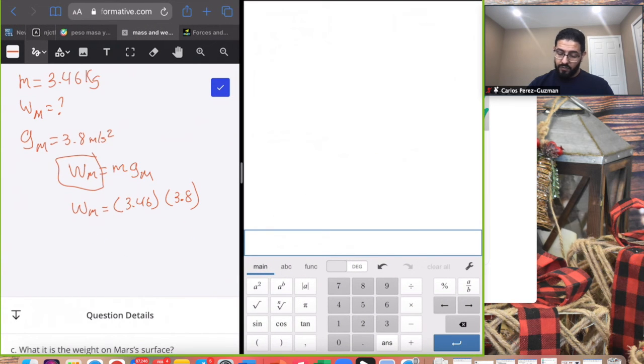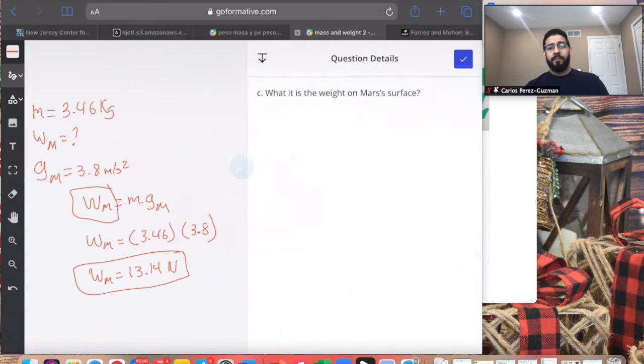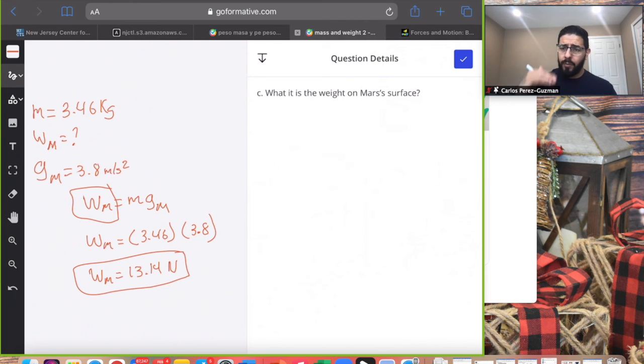We have parentheses 3.46 times 3.8, and we have that the weight is 13.14 newtons. And right here we have the answer. That's it, guys. This is the first problem with parts A, B, and C.